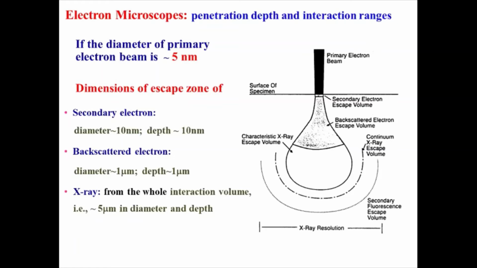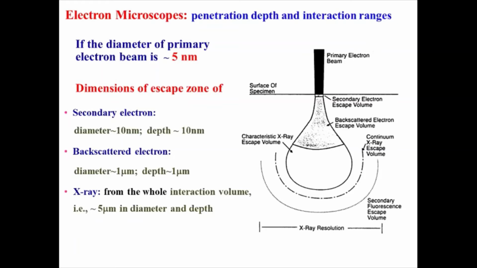Because of this, if we place the detectors at particular positions and bias them at particular voltages, we assure that we are collecting the majority of the primary backscattered electrons, or secondary electrons, or the Auger electrons.